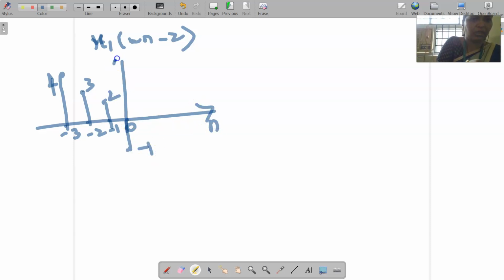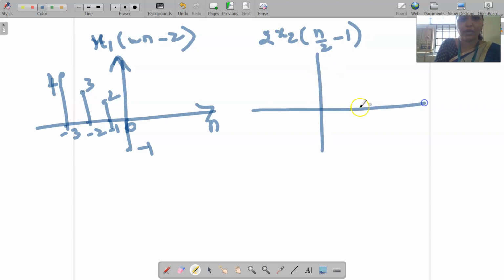This is x1 of minus n minus 2. And what is x2? X2 of n by 2 minus 1. We have range 2, 4, 6, 8. The amplitudes are 8, 10, minus 6 and then 4.